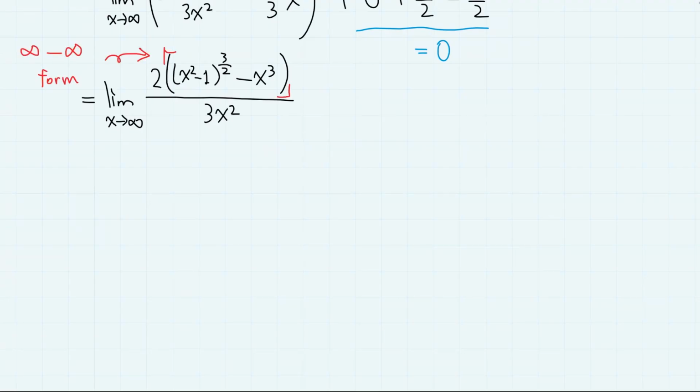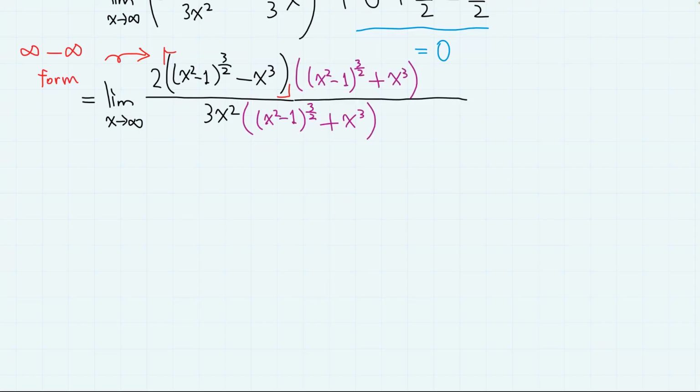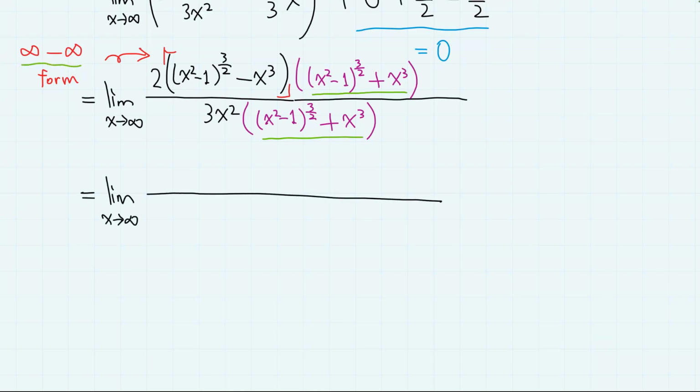We have infinity minus infinity limit on the numerator. So let's see if multiplying x squared minus 1 to the power of 3 over 2 plus x cubed on both numerator and denominator eliminates such form. So now we have 2 times square minus square, which gives x squared minus 1 cubed minus x to the 6th power and the same denominator.